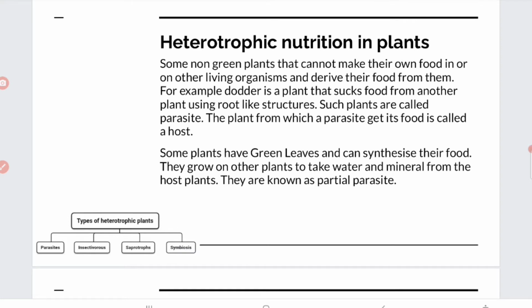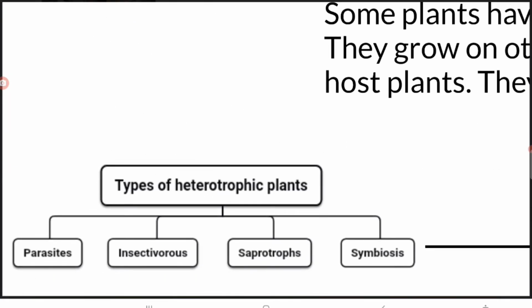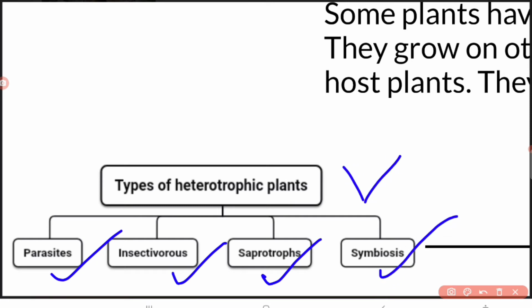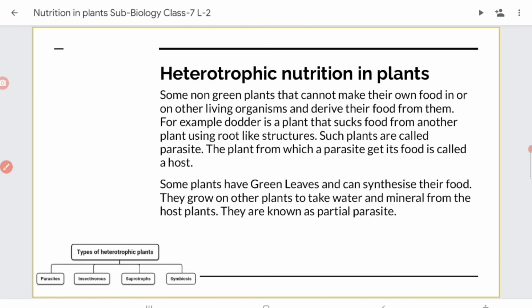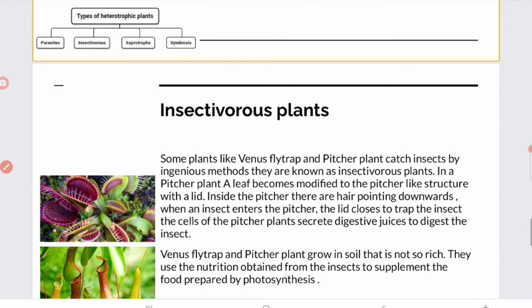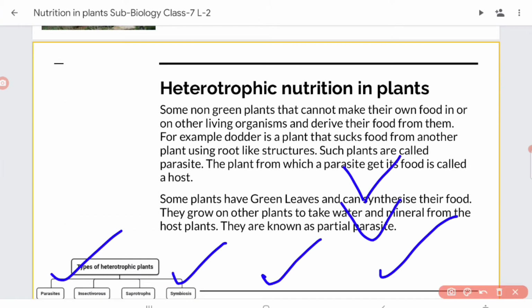Now there are four main types of heterotrophic plants: parasites, insectivorous plants, saprotrophs and symbiotic, where two organisms live in a symbiotic relationship. So first are parasites. What are parasites?